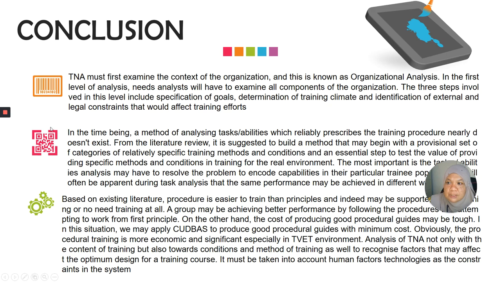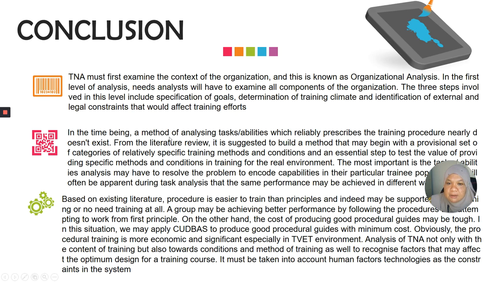So, in conclusion, TNA must first examine the context of the organization, also known as organization analysis. In the first level of analysis, needs analysis examines all the components of the organization. There are 3 steps that I have told before. That is, determine the training climate, and identify external and legal constraints that will affect the training effort.